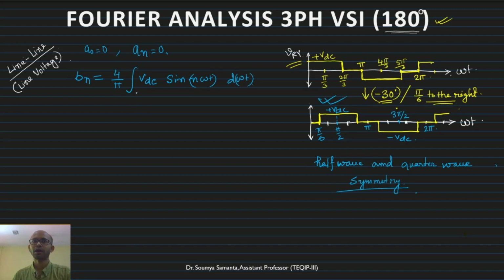As it is quarter wave symmetry, we have already considered the 4 here, so the limits will be pi by 6 to pi by 2. Now if we calculate this, we will find bn. What is the n value? n equals 1, 3, 5, 7, and so on.